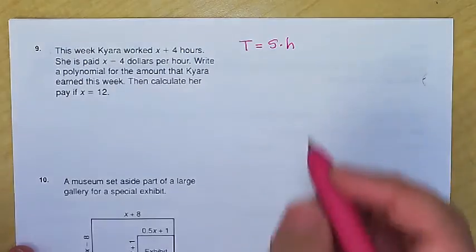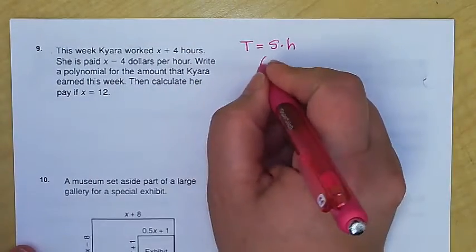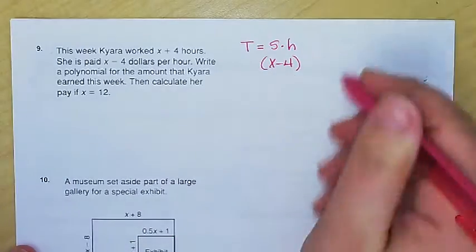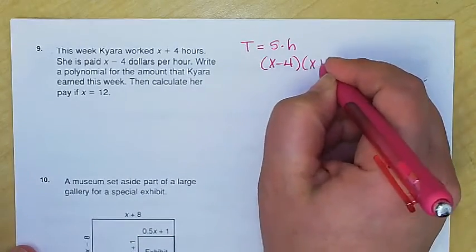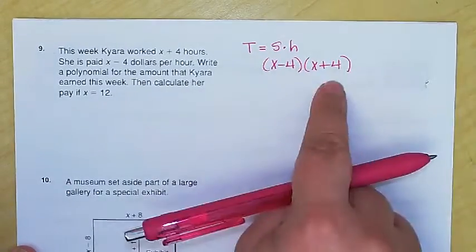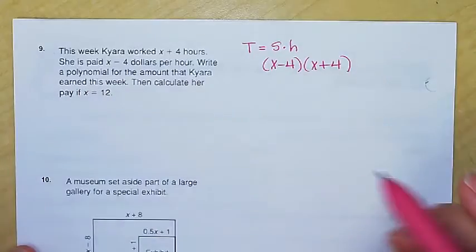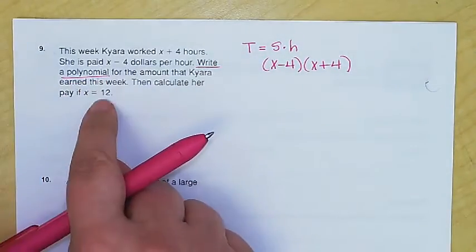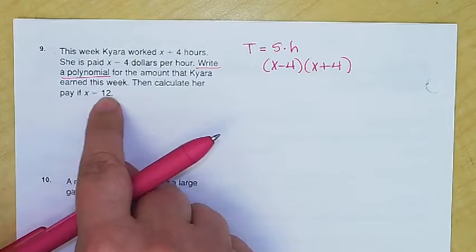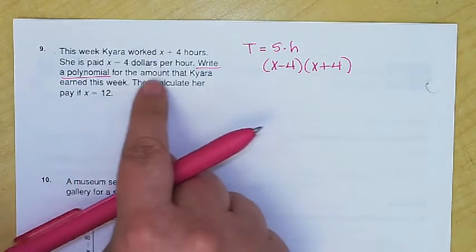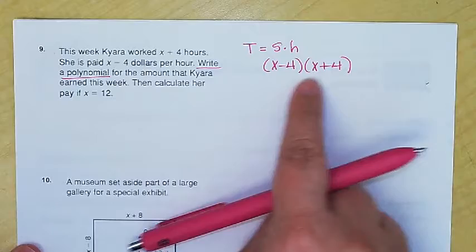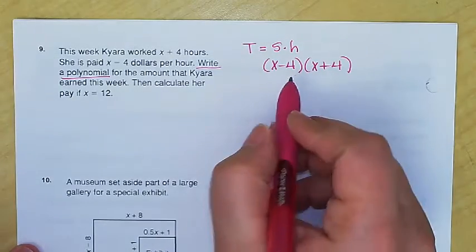Okay, so in this case, my hourly pay is x minus 4, and I worked x plus 4 hours. So I know if I multiply those, it'll tell me how much I've earned. So the first part of this is write a polynomial. So I'm not going to worry about this yet. I haven't read that far, and I need to make sure I do this in order. So the first thing is write a polynomial for how much they earn. This is the setup, but you need to go ahead and work it out.